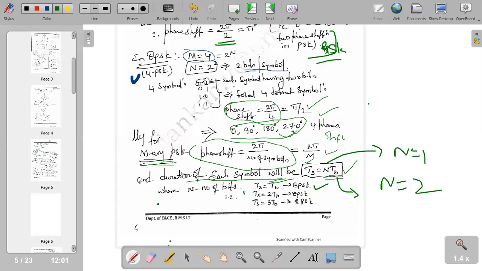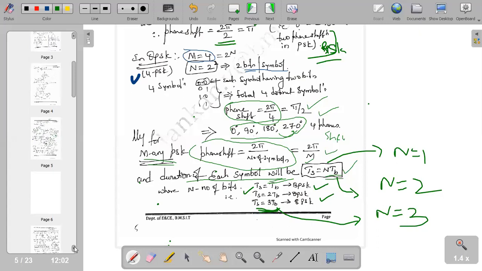Therefore, TS is 2 times TB. And in case of 8 PSK system, the number of bits n is equal to 3. Therefore, the symbol duration TS is equal to 3 times the bit duration. So that is what about your phase shift.